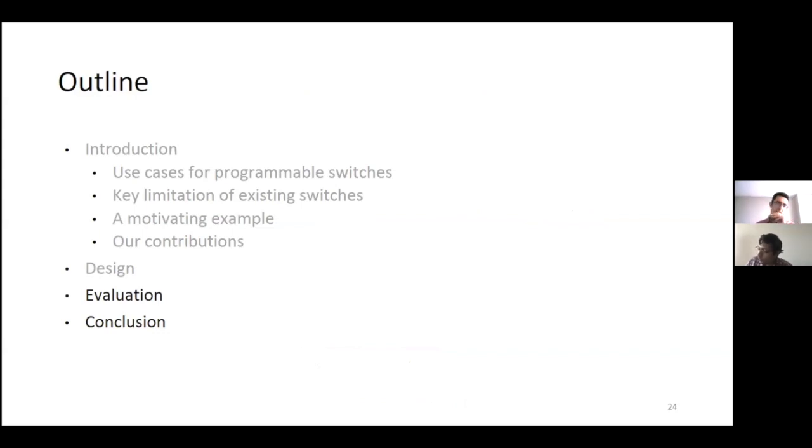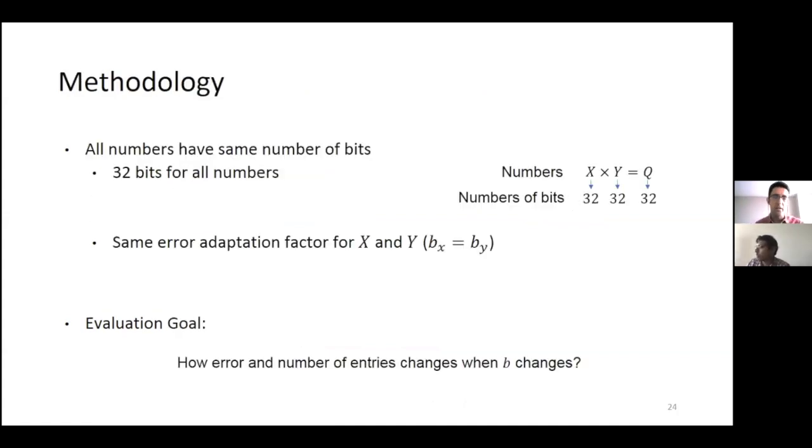Okay, so let's talk a little about the evaluation and the results that I got. For simplicity, let's assume that X, Y, and Q are all 32 bits. They don't have to be the same, but let's assume that they are.